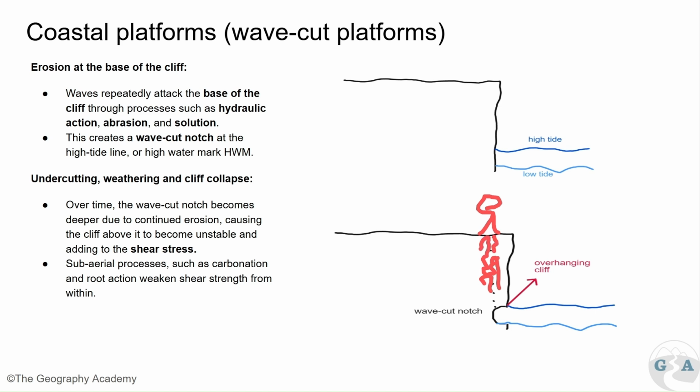So these processes then are weakening the interior of the cliff, and we would talk about that as weakening the shear strength, so the cliff's ability to hold itself up. So this is how we talk about mass movement. It's adding shear stress, weakening shear strength, disrupting the equilibrium of the cliff to hold itself up, and therefore it will collapse in one mass movement here, which would be quite a large rockfall.